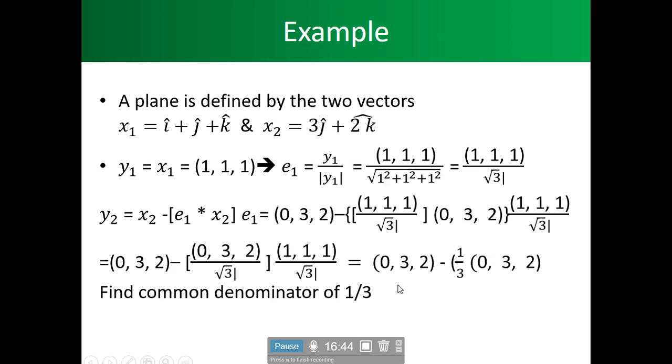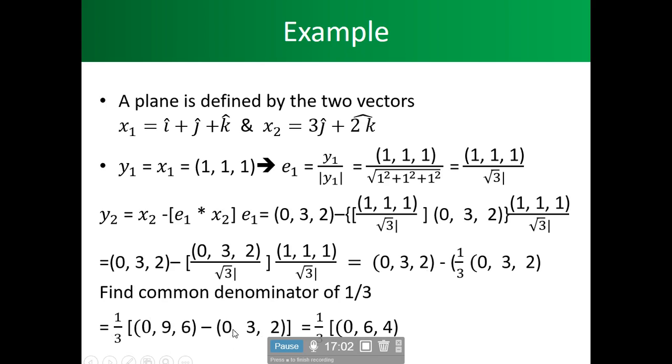Now we've got to find a common denominator, which is going to be the 1/3, for both of them if we're going to subtract them. Okay, so if we multiply this times 3 over 3, we get 0, 9, 6 divided by 3.